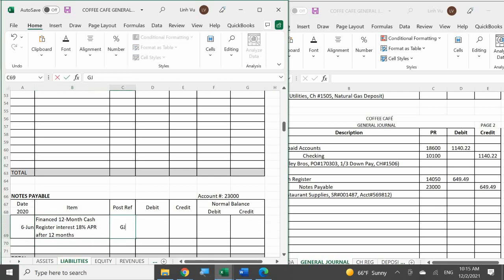Okay. Post reference number 2. In this case, we credited our account because we owe money, right? For $649.49. Okay.